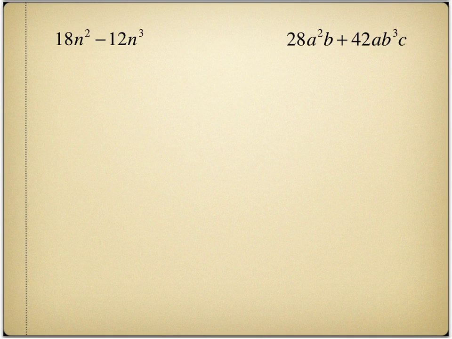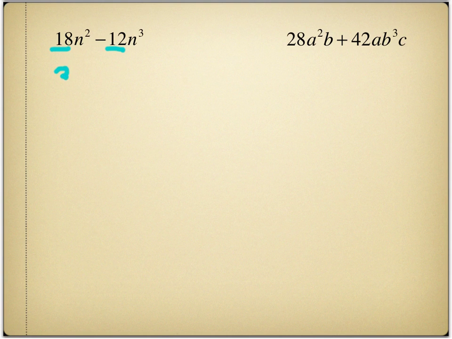Okay, let's do a couple more examples here. Starting with the one on the left, what do they have in common as far as common factors? Well, as I look at 18 and 12, certainly they have a 2 in common for factors, a 3. That might be about the biggest one there that I can pull out.